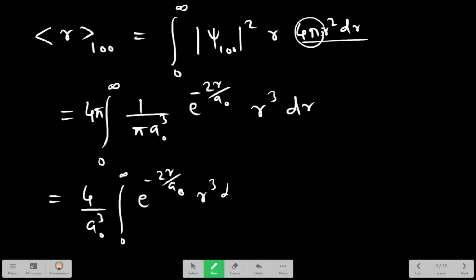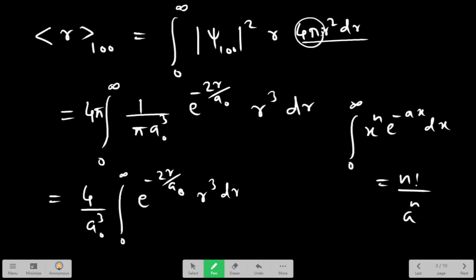R cube dr. Now there is a standard integral from 0 to infinity of x raised to n e raised to minus ax dx. This is equal to n factorial divided by a raised to n plus 1. Here we have n equal to 3, and a is equal to 2 by A0.